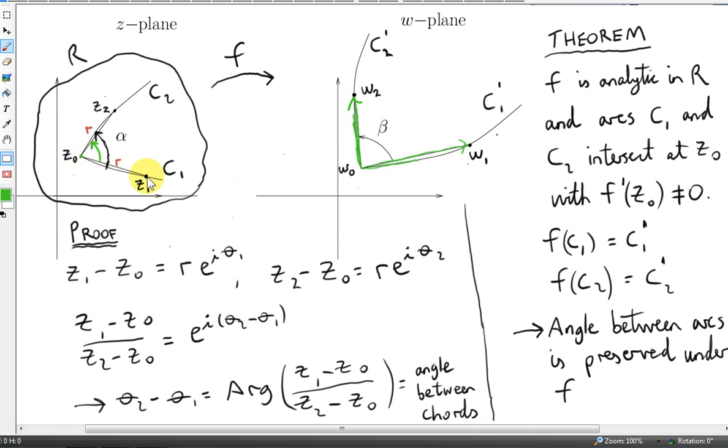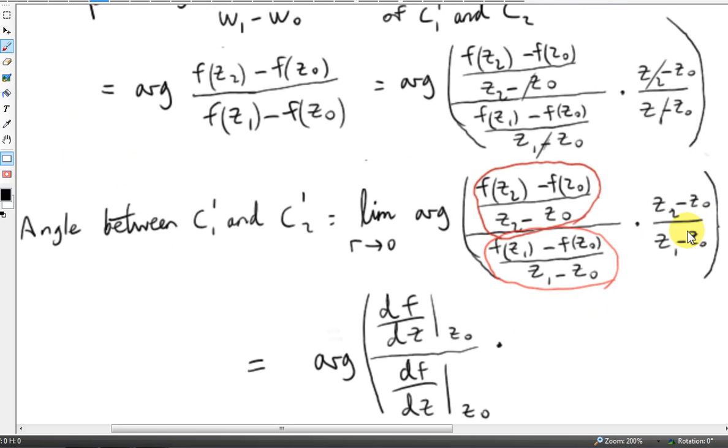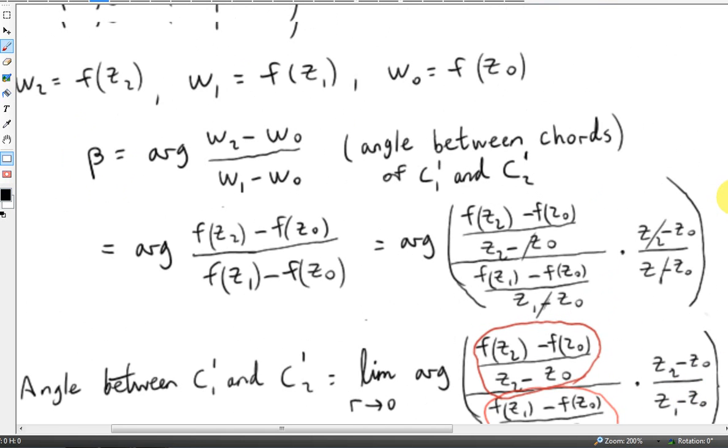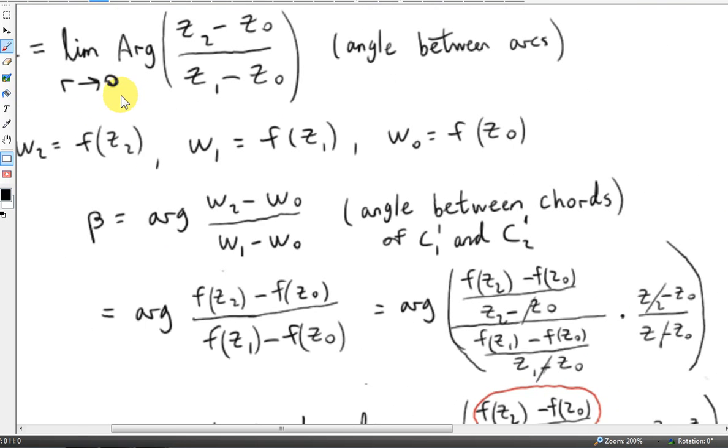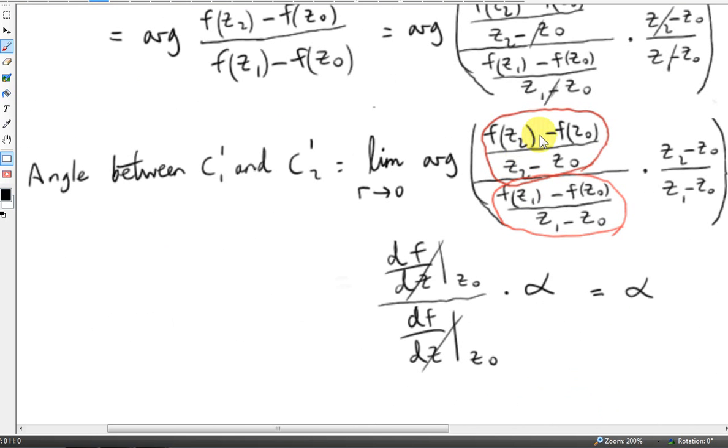So if we work out f at Z1, f at Z0, take the difference, divide the difference by Z1 minus Z0 and take the limit as r goes to 0, we'll also have the derivative of f with respect to z at Z0. What about this quantity here? Well, we've already seen that. We had that up here. So in the limit, all of this thing here is approaching 1. The derivatives are the same.